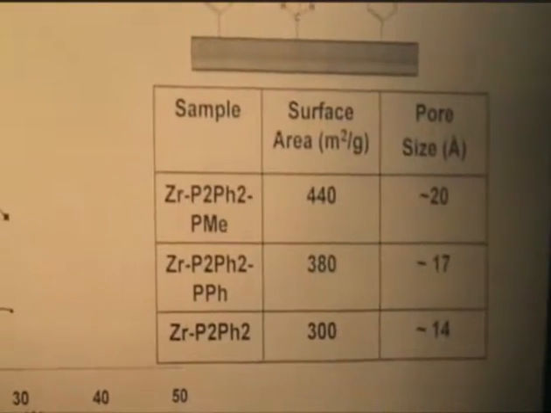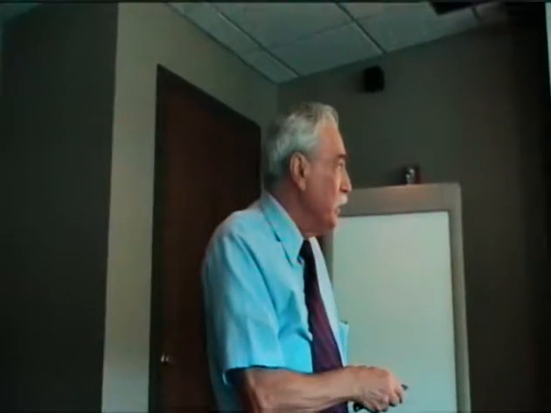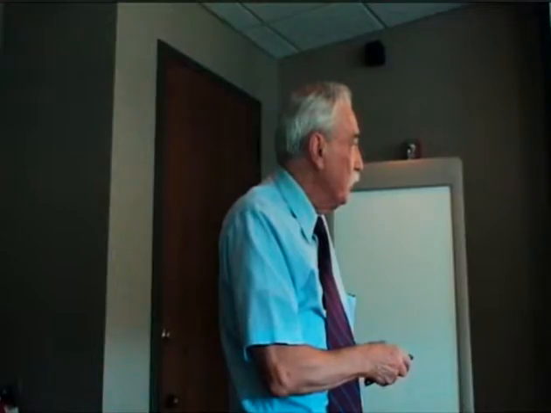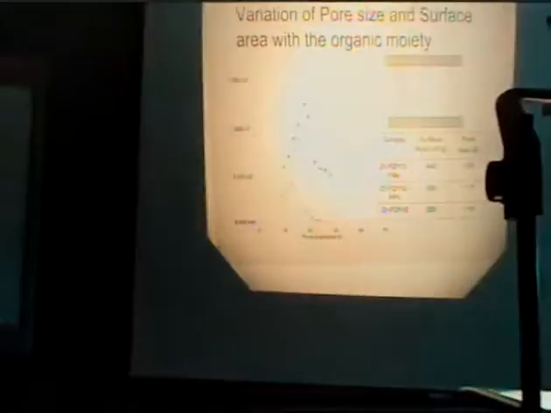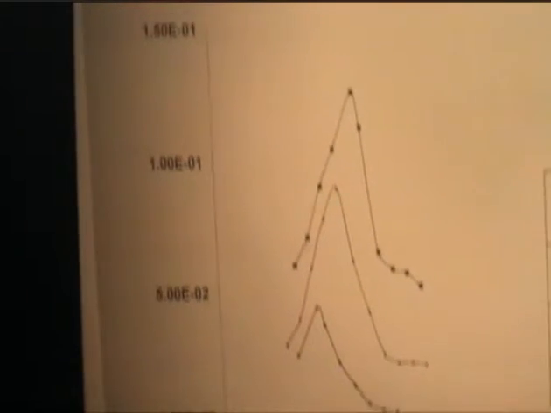But this one is easy to make because apparently what we're dealing with is hydrophobic, hydrophilic. So the OH is very hydrophilic, and the methyl is very hydrophobic, and so is the phenyl rings. So when we do this, we get 440 square meters per gram, that's this one. And you can see some pores are sneaking over into the large region.